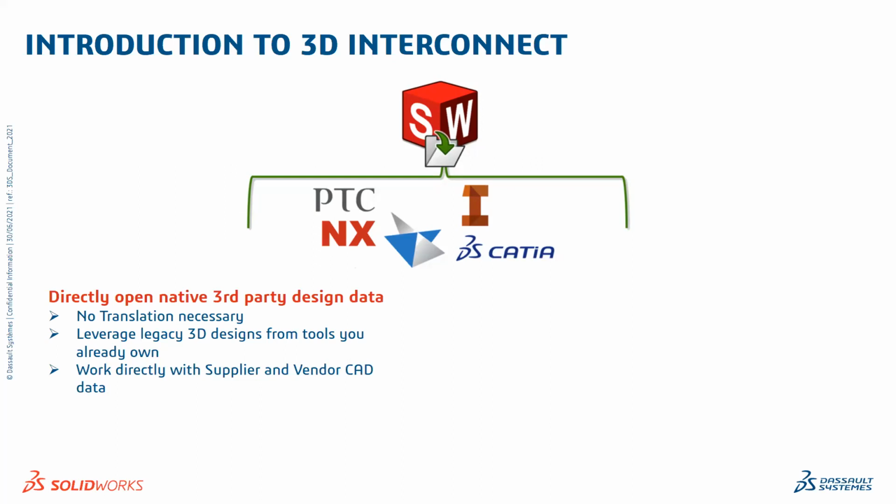By doing this, no translation is necessary. During neutral CAD file modification or conversion, lots of errors are possible and translation errors will come. In this case, no translation is necessary, so you can use the files as they are.